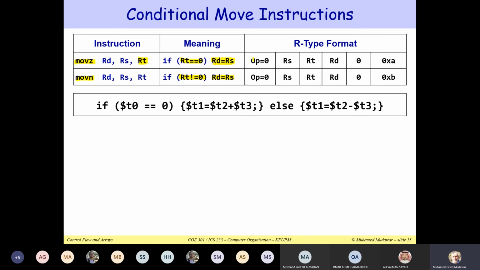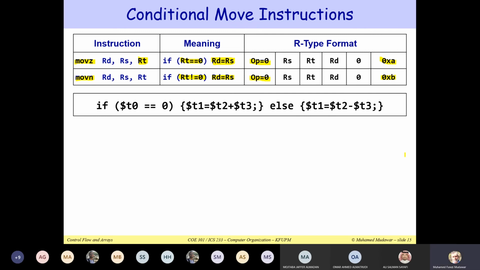Both instructions are of the R type. You can see the opcode is equal to 0, and you can see they have unique function codes and 3 registers, RS, RT, and RD. So we check the value of RT if it is 0 or different from 0, and we copy the source register RS into destination register RD.